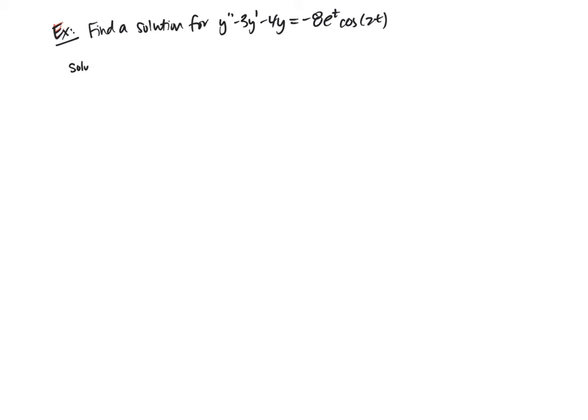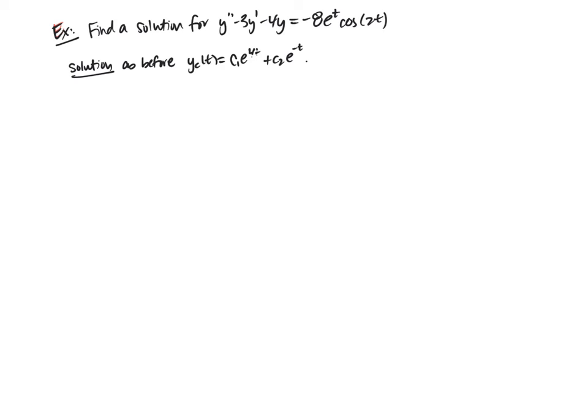So here's our solution. As before, our yc of t is equal to the same thing we had before, c1 e to the 4t plus c2 e to the negative t, because that left-hand side hasn't changed. It was the same in the previous two examples. Okay, so we saw that.